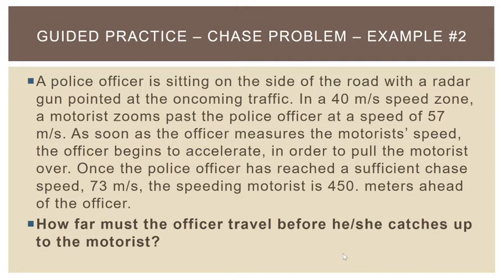I want to be very clear, though, about one point, and that is the shortcut lends itself very nicely to examples like this, where we have the police officer chasing the motorist, where the gap distance is given, but it does not necessarily lend itself to problems where the gap distance is not given, because then you'd have to find it.